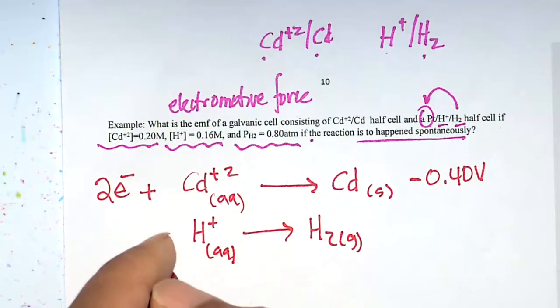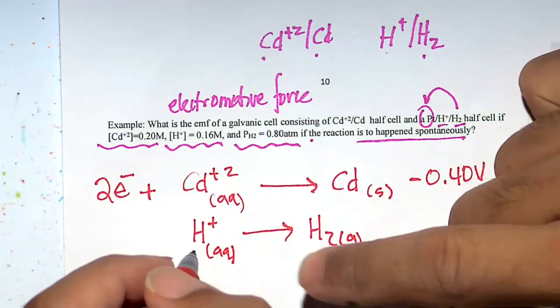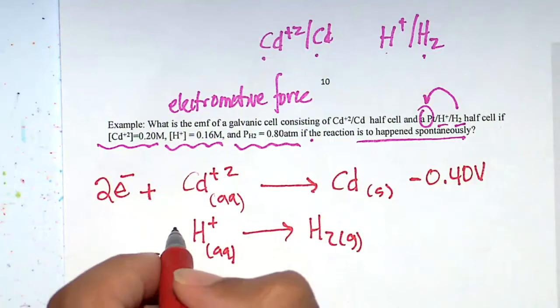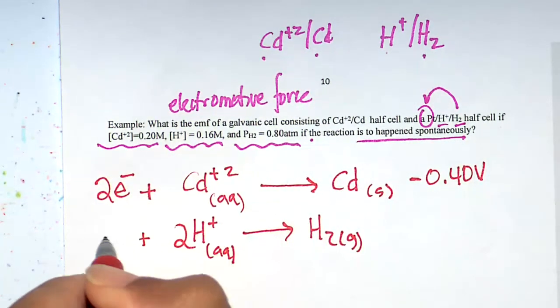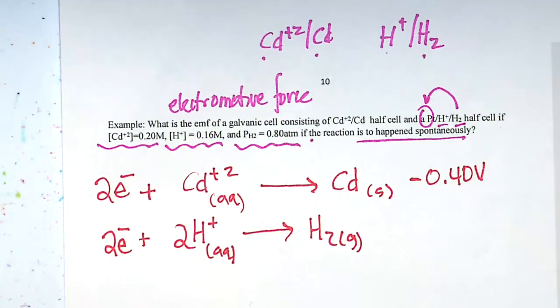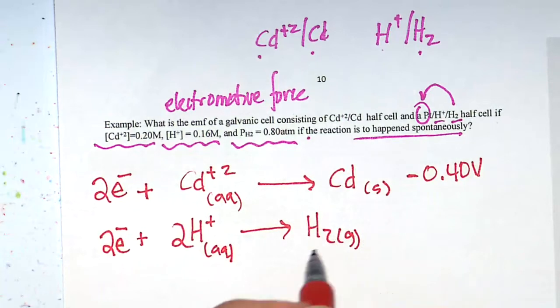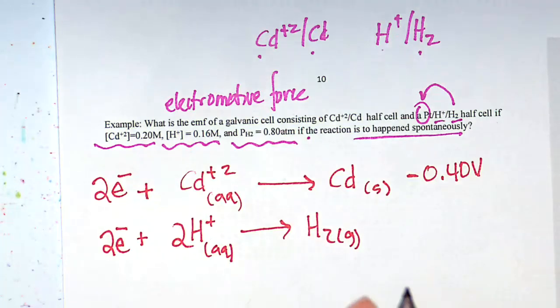How many electrons and where? First, let's balance the hydrogens. Balancing out the hydrogens, and we have a 2e minus here on the reactant side. So H plus to H2, I think that's 0. You're right. H plus to H2. Everyone see that's a 0?